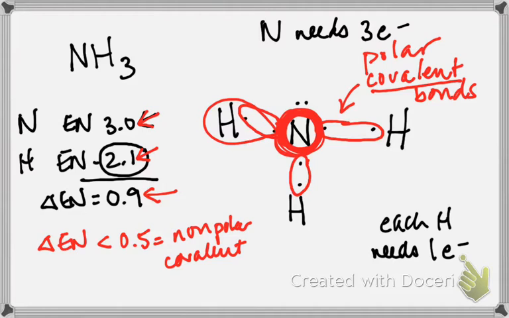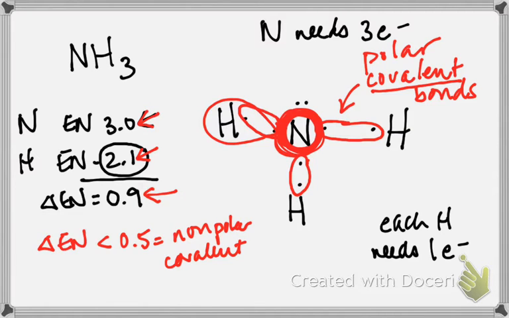If they're strong enough to steal, then you're looking at an ionic bond. If they're not strong enough to steal, then they're going to have to do a covalent bond. And once you know it's a covalent bond, you got to decide how equal is the sharing. So you'll look at your rules and figure out, are the electrons going to spend most of their time around one atom and not so much around the other, or are they going to be fairly equally shared back and forth? So that's how you approach these problems.